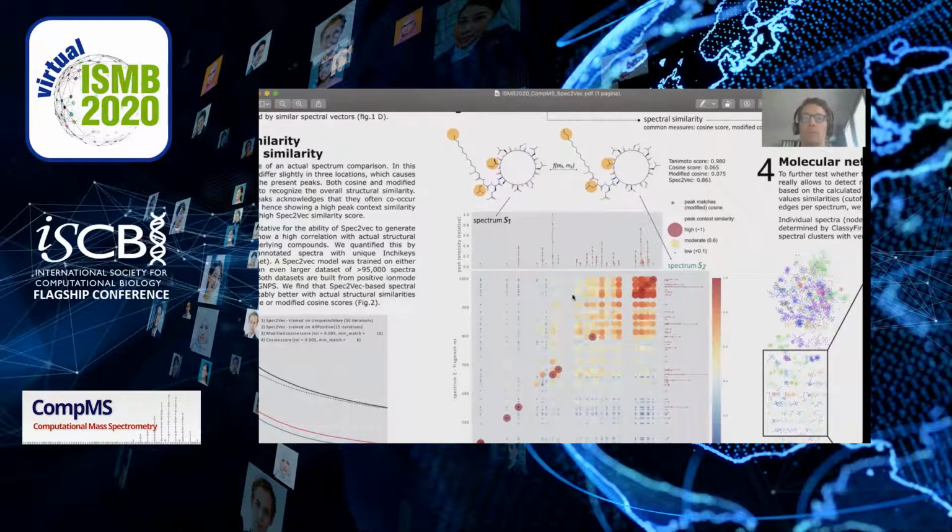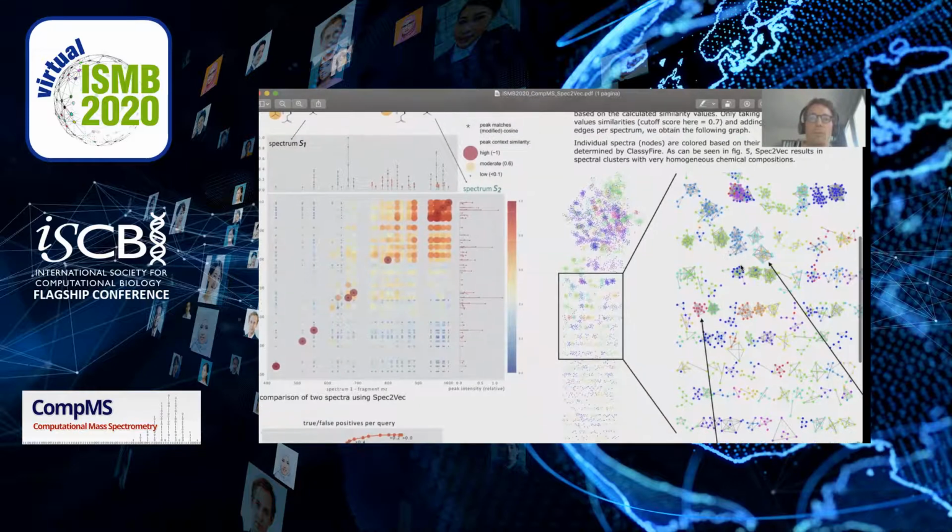However, the Spec2Vec model was able to learn from the large data set that many of the fragments are actually very related in terms of their meaning. And thereby, all those fragments together add up to a pretty high Spec2Vec similarity score, which is much closer to the actual molecular similarity as defined here by the Tanimoto coefficient.